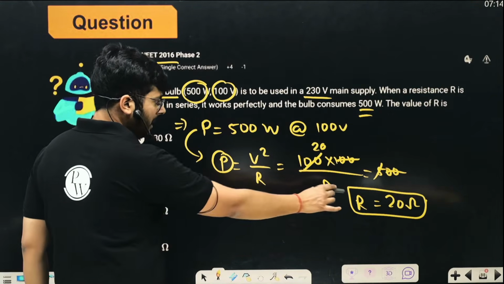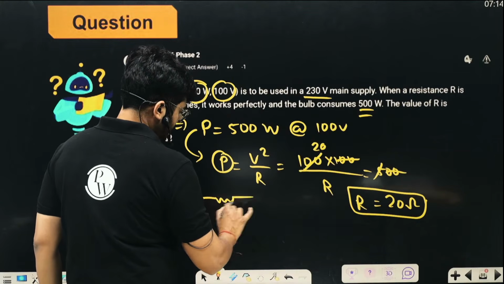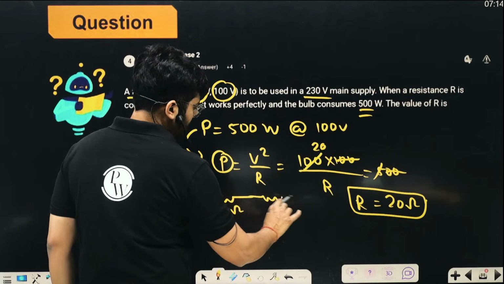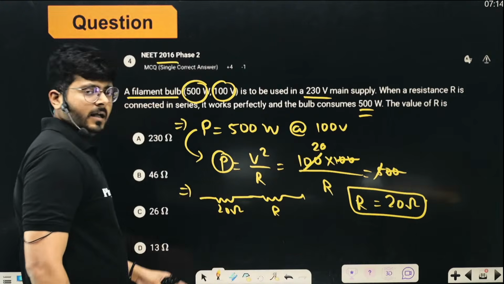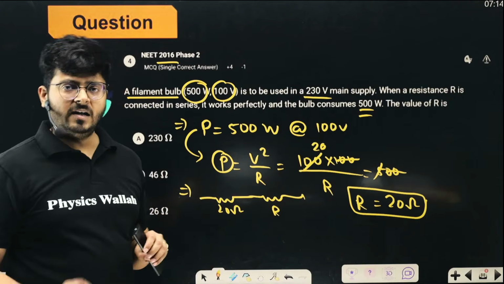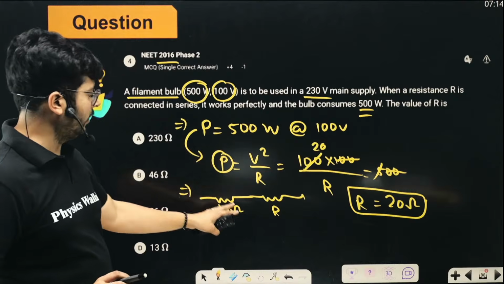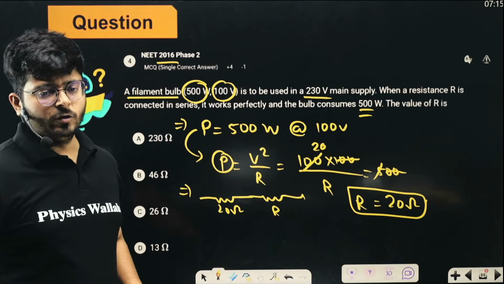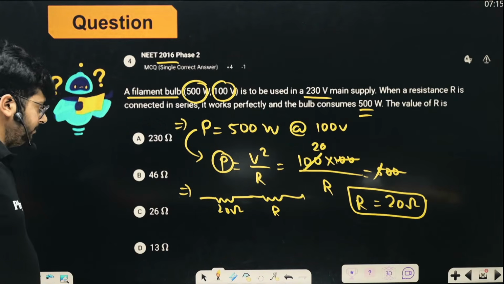So you have this bulb of 20 ohm and along with it a resistance R connected. Now this consumes 500 watt again. We have to find the value of R.